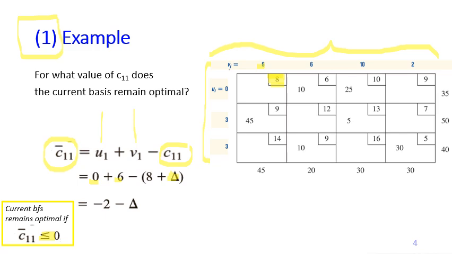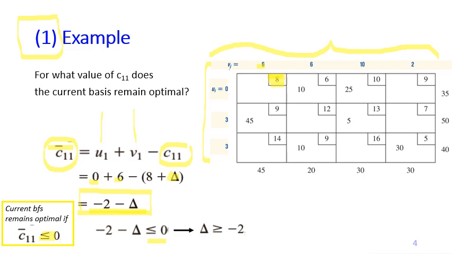So we may change C11 as long as C11 hat, which is minus 2 minus delta, is still less than or equal to 0.